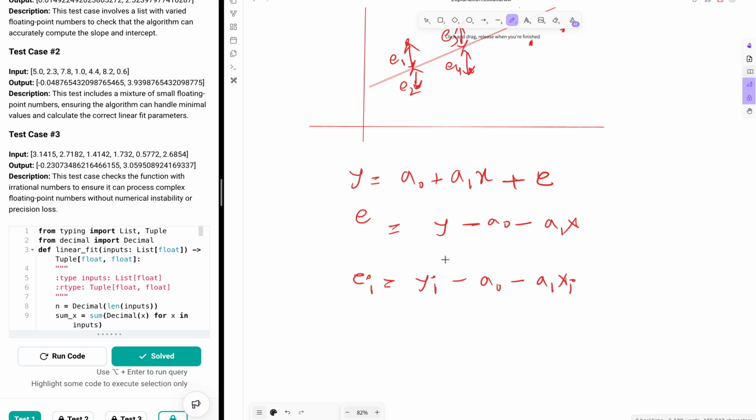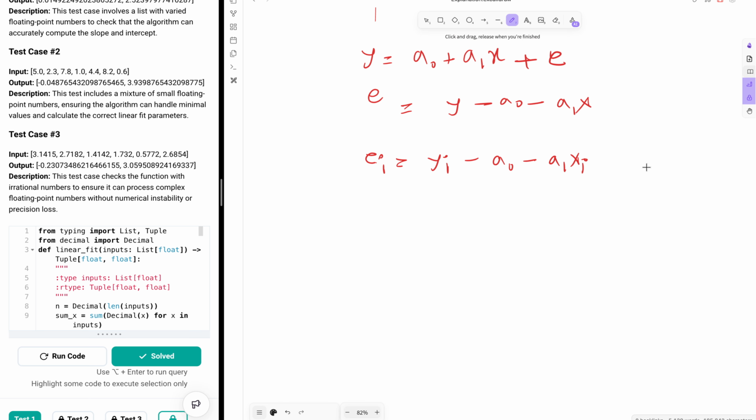So this is for the general all i belonging to 1 to n. That would be the best. Or in terms of computer science we are writing 0 to n minus 1.